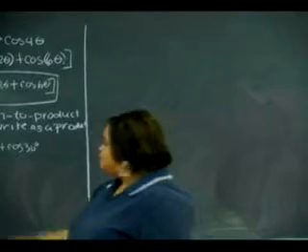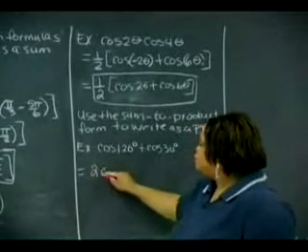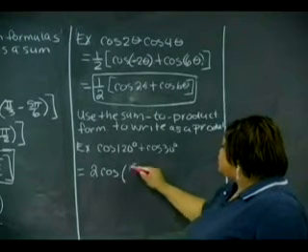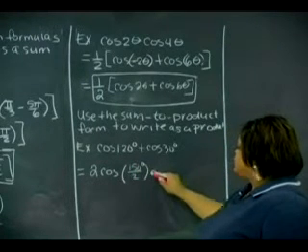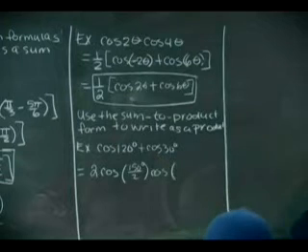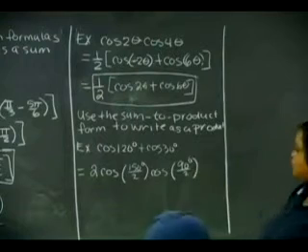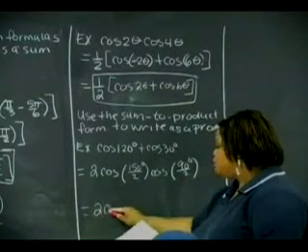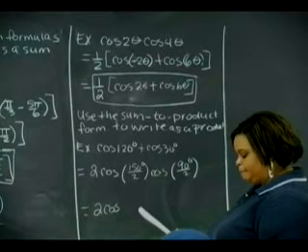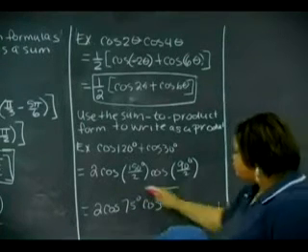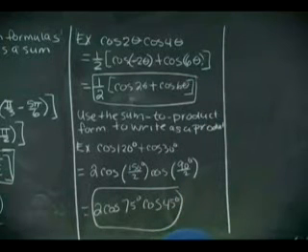This one, the plus: cosine x plus cosine y is 2 cosine of x plus y over 2, times cosine of x minus y over 2. 120 plus 30 is 150 over 2, and 120 minus 30 is 90 over 2. So that's 2 cosine 75 degrees times cosine 45 degrees. And that's it.